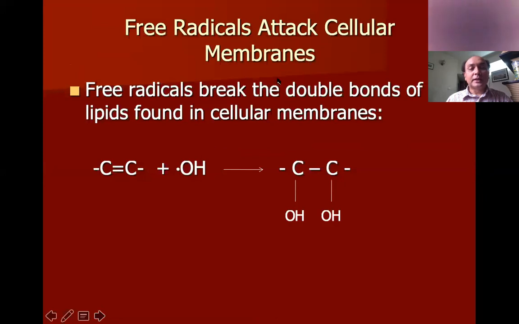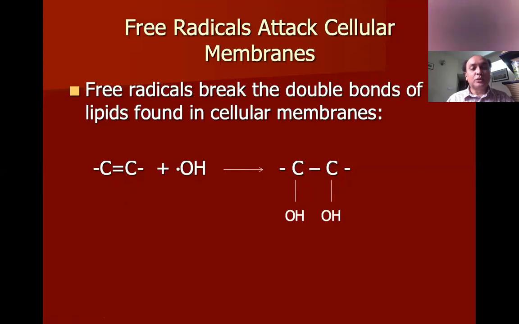Free radicals attack the cellular membrane. How can free radicals attack the cell membrane? Free radicals break the double bonds of the lipids found in the cellular membrane. The cellular membrane is composed of phospholipid, and in the phospholipid there are carbon-carbon double bonds. So a free radical can react with the double bond and break it down this way, and can damage the membrane.